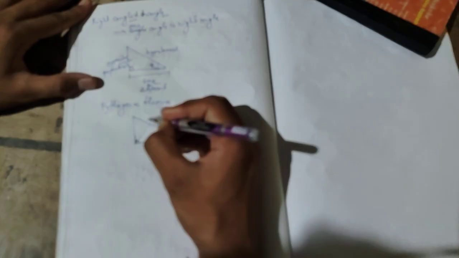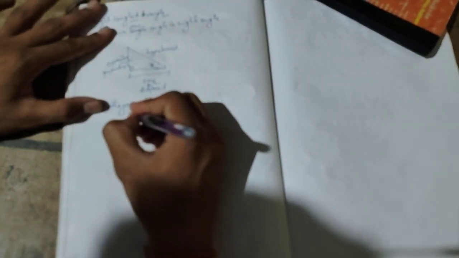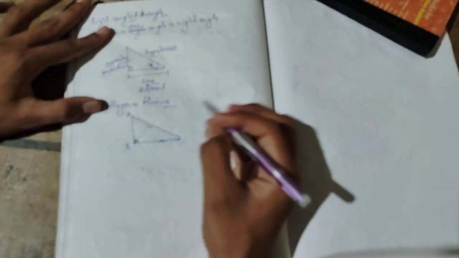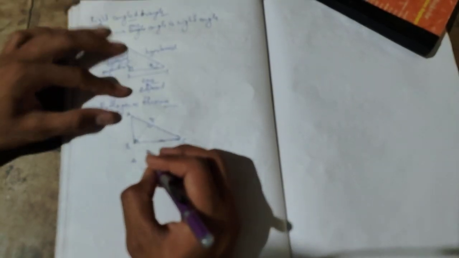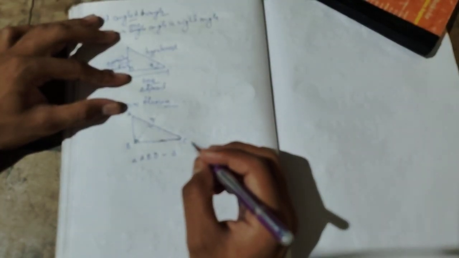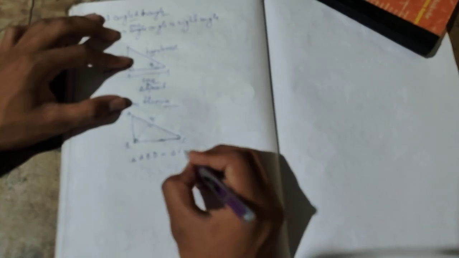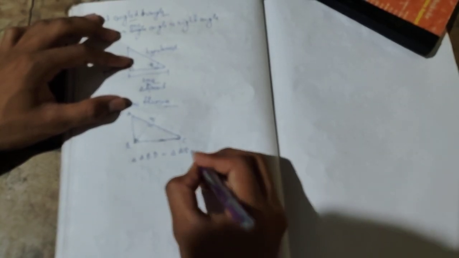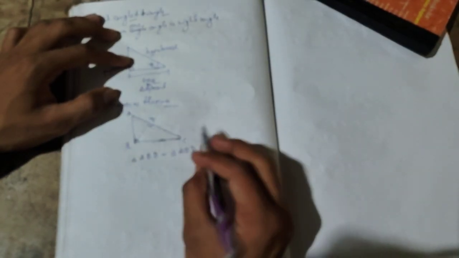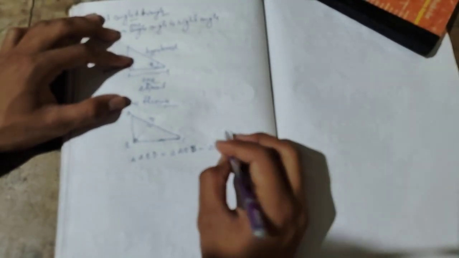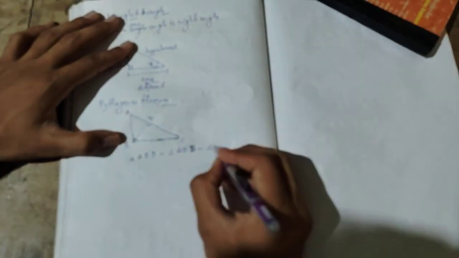Now just drop a perpendicular from B to AC on the hypotenuse at D, and look: triangle ABD is similar to triangle ACB, and that is similar to triangle CBD.